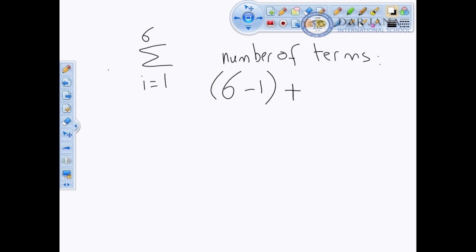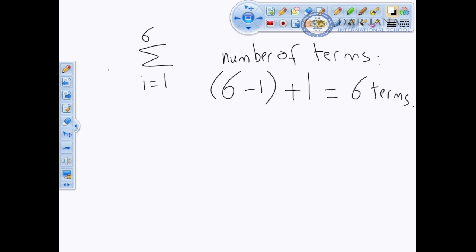we have i from 1 till 6. How many terms do we have here? The number of terms is 6 minus 1 plus 1. So we have 6 terms here.